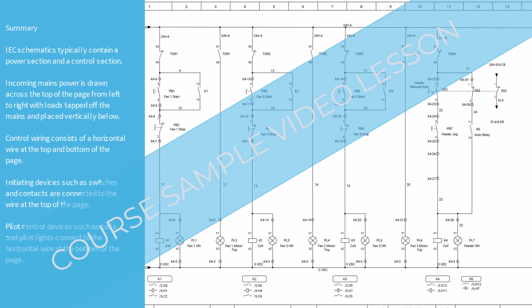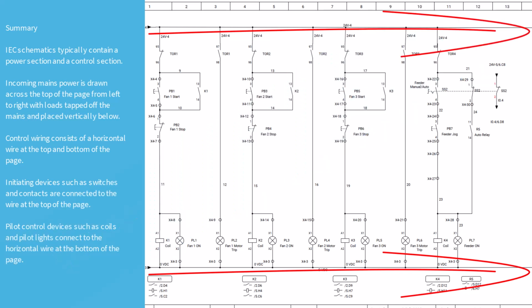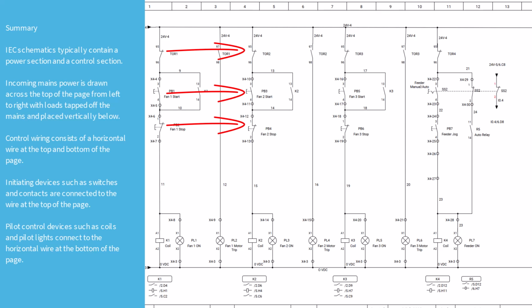Control wiring consists of a horizontal wire at the top and bottom of the page. Initiating devices such as switches and contacts are connected to the wire at the top of the page. Pilot control devices such as coils and pilot lights connect to the horizontal wire at the bottom of the page.